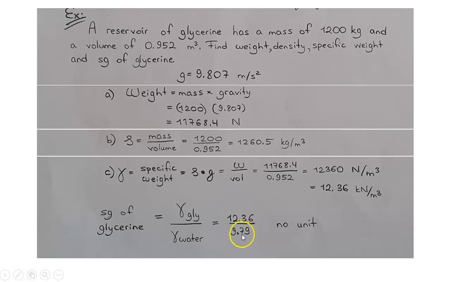So if you divide this out, you're going to obtain a value, and specific gravity will have no units because we are comparing two quantities of the same unit together. So the units will cancel out, and there will be no unit here. As you can see here, this will be greater than 1. What we can conclude is that since the specific gravity of glycerin is greater than 1, that means glycerin is heavier than water.